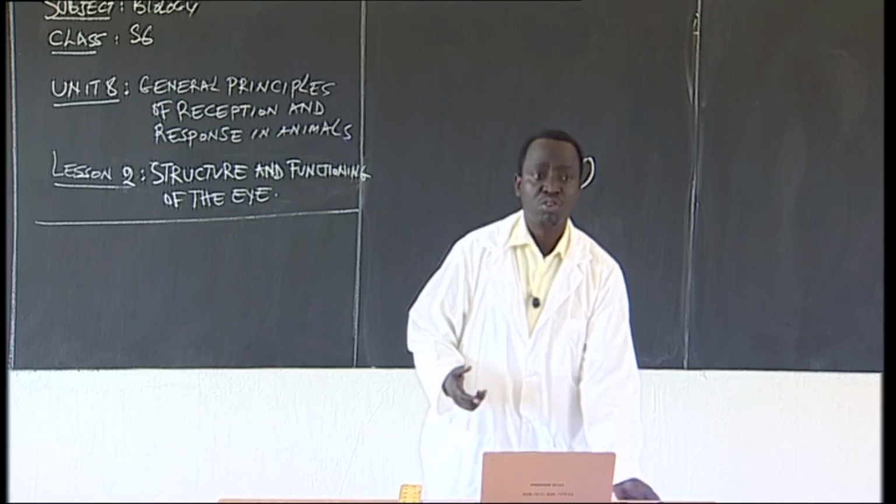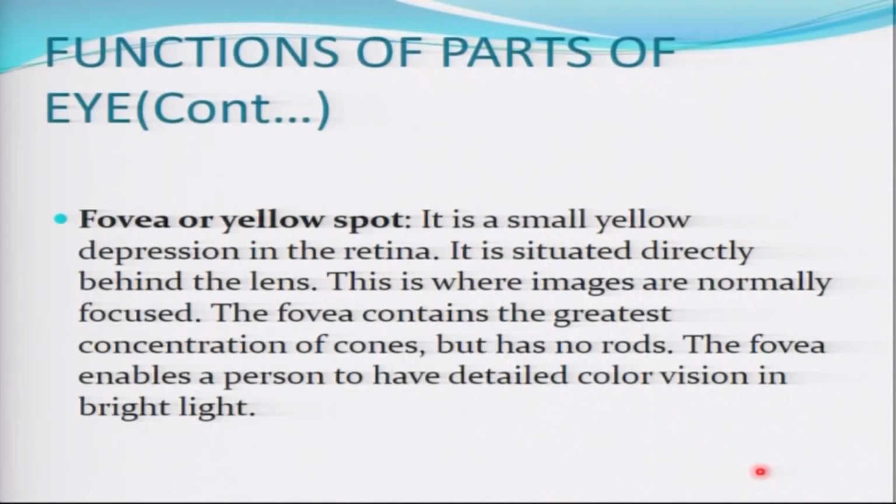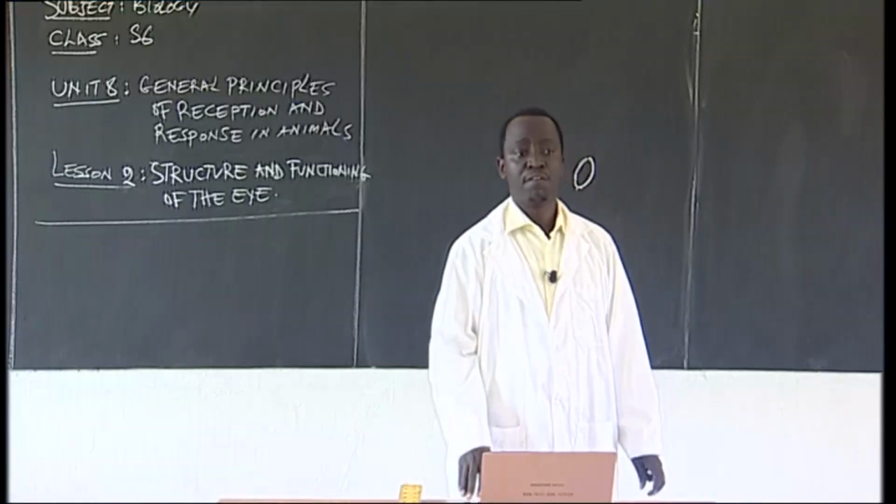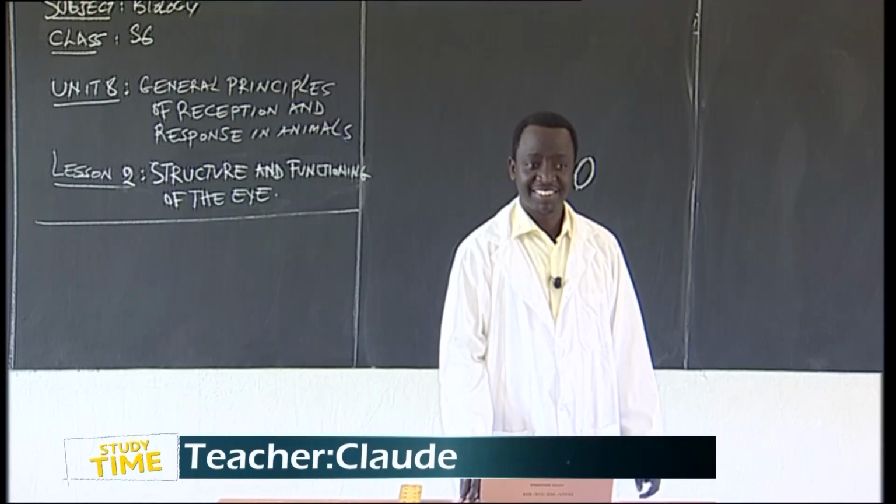We have now what you call the fovea. Fovea is also on the retina. What is the role of the fovea or yellow spot? It is a small yellow depression in the retina, situated directly behind the lens. This is where the images are normally focused. The image is going to be focused on what? On the fovea. Are you getting this?